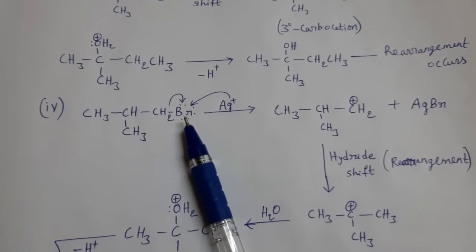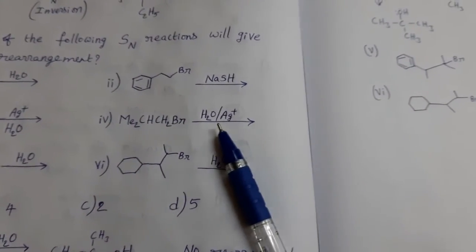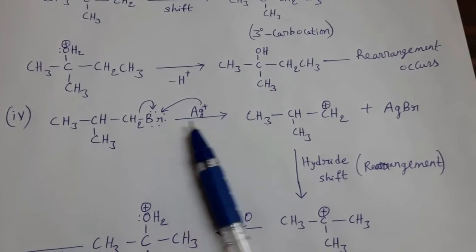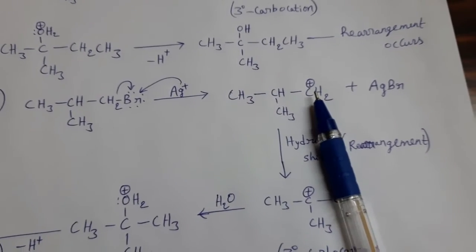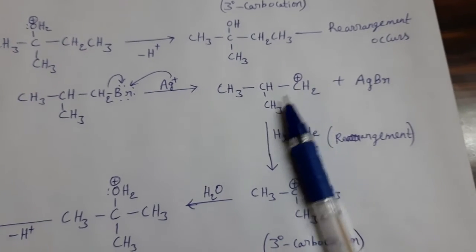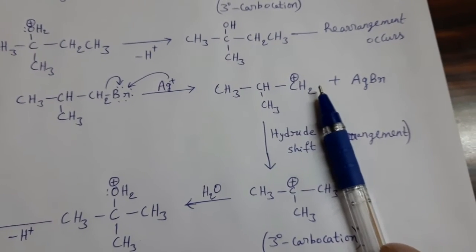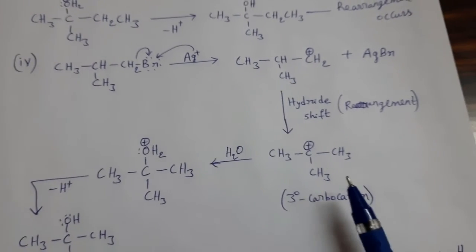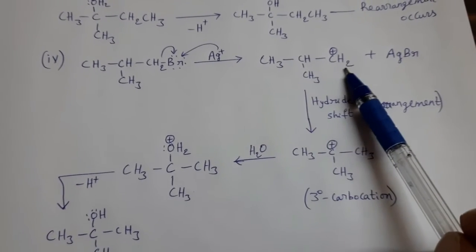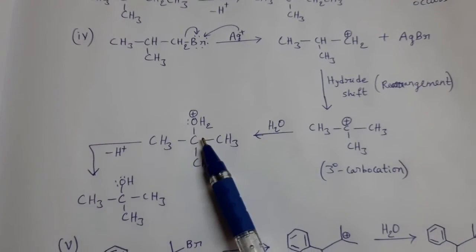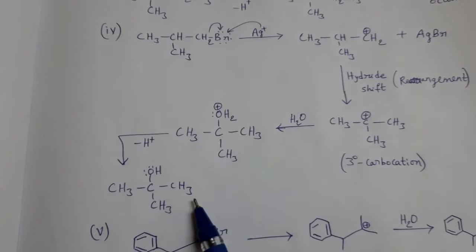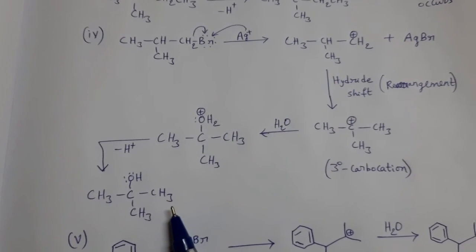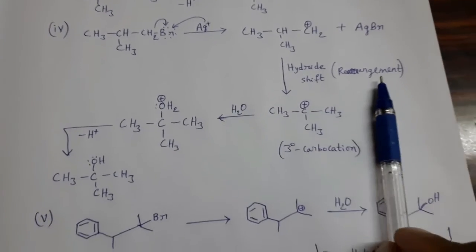This is 2-methyl-1-bromopropane treated with the same reagent Ag plus and H2O. First silver ion combines with this bromine and is removed as AgBr. We can get a primary carbocation. Now from this carbon atom, hydride shift takes place. That means rearrangement takes place. We can get a tertiary carbocation. It is more stable than primary. And then treated with water, we can get this ion. From this, H plus is removed. We can get tertiary butyl alcohol. In this also rearrangement takes place.